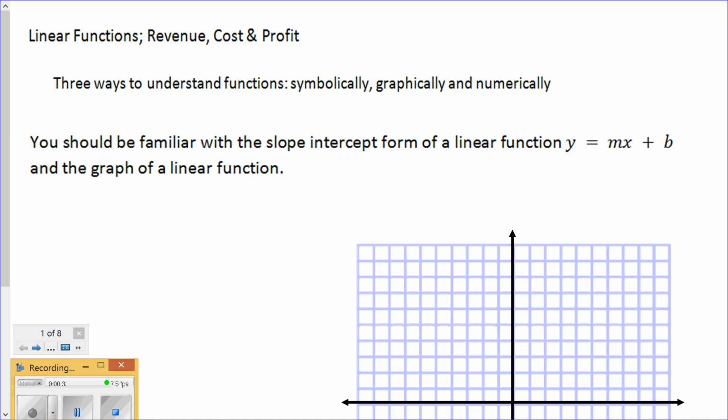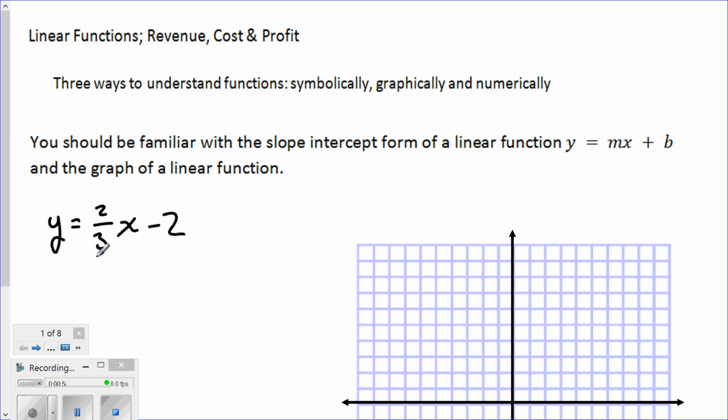But to review some of this, you should be familiar with slope-intercept form of a linear function, y equals mx plus b, which you can also see in other texts as y equals ax plus b, and how to graph a linear function. So for example, I might look at a linear function such as y equals 2/3 x subtract 2.